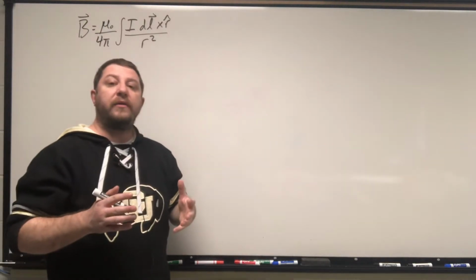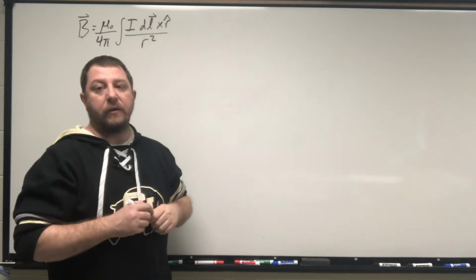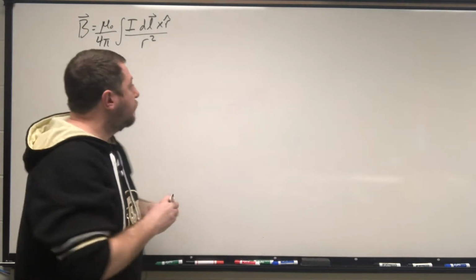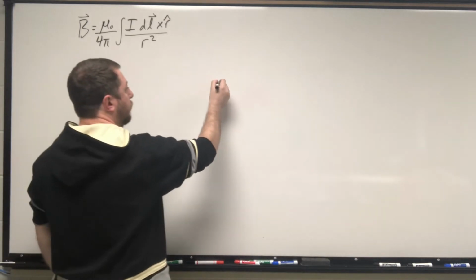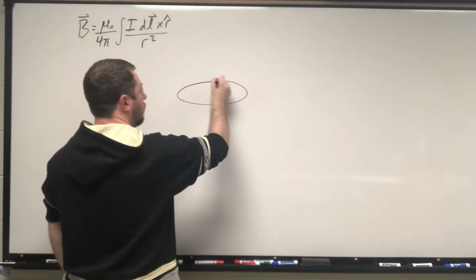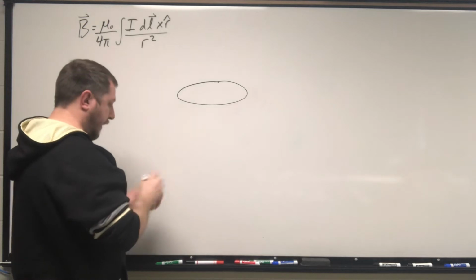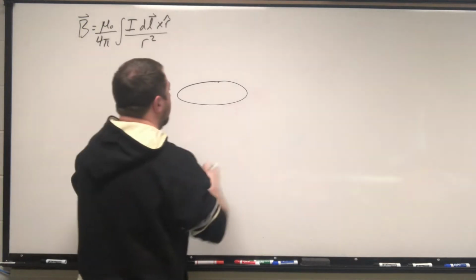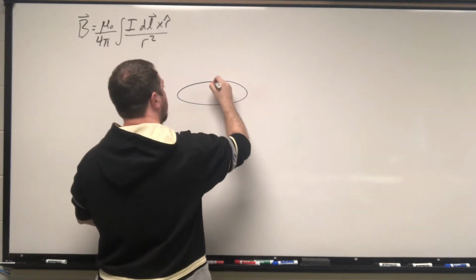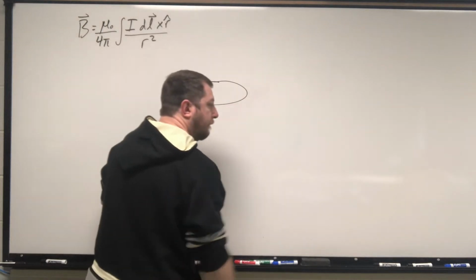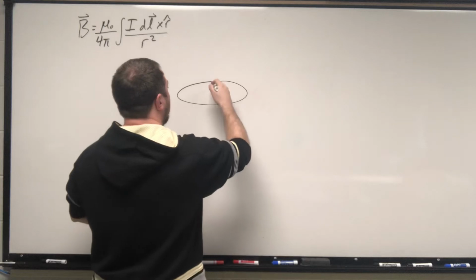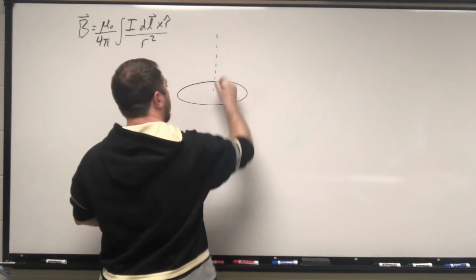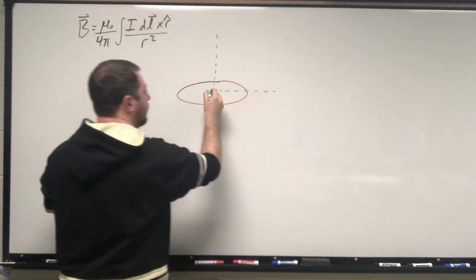So now what we want to do is apply this to a circular loop of wire. We're going to orient our circular loop in the XY plane, and let's let our coordinate system look like this.